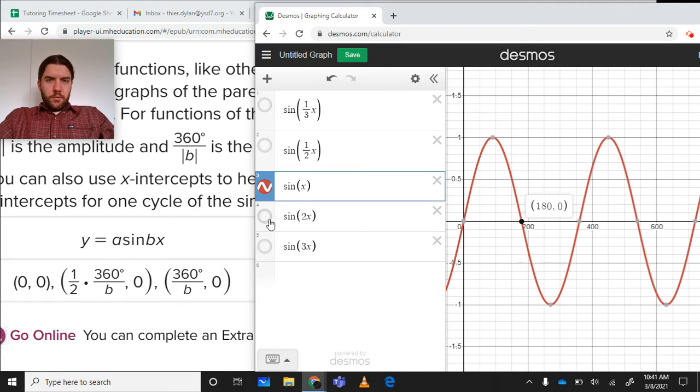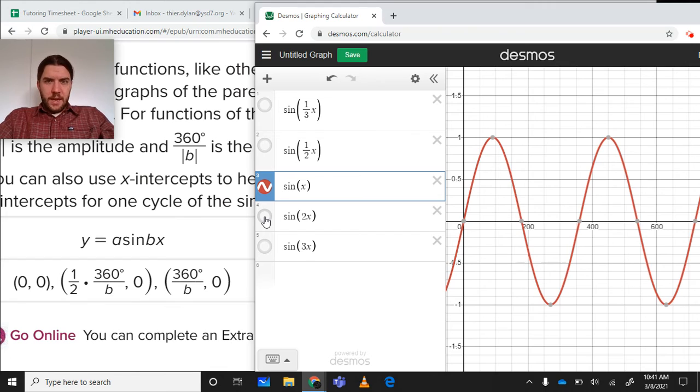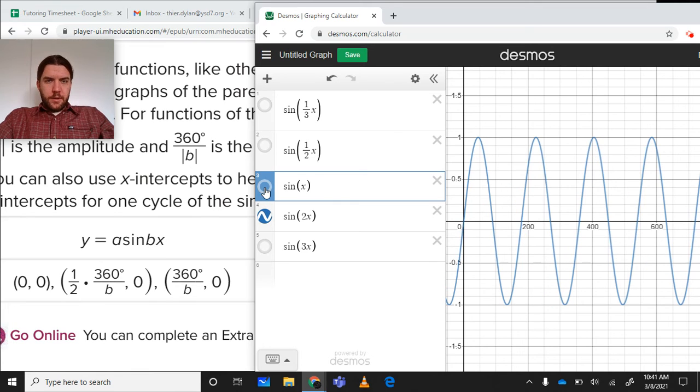Now, if we have a b value of like 2, for example, we are reaching all those same points in half the amount of time necessary, or with half the angle, however you want to say it. Let's take a look for when we have 2x. So we would expect, based off this, we would still be going through 0, 0. Yep.